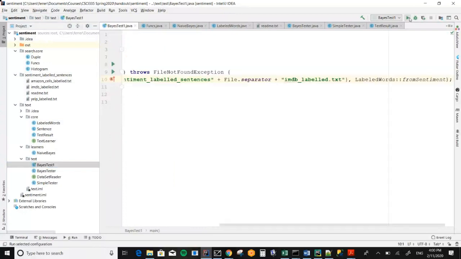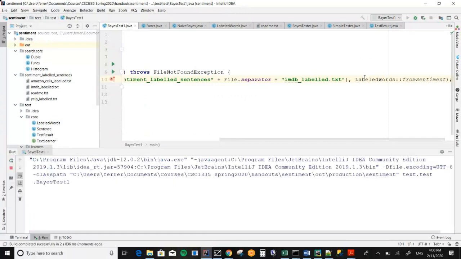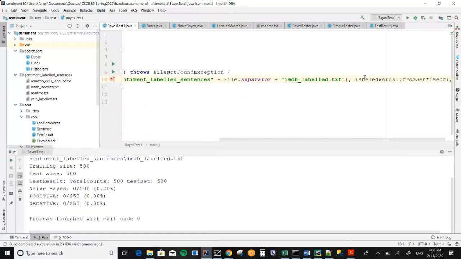Right. So you build your implementation of naive Bayes, and then Bayes test 1 over here will test it. And when you test it, you just hit run. Of course, this is not going to work well since I didn't implement anything. But I want to familiarize you with the output format. So this one's split at 50-50. Training and test are equal sized. Test result is this. Its overall accuracy is 0%.